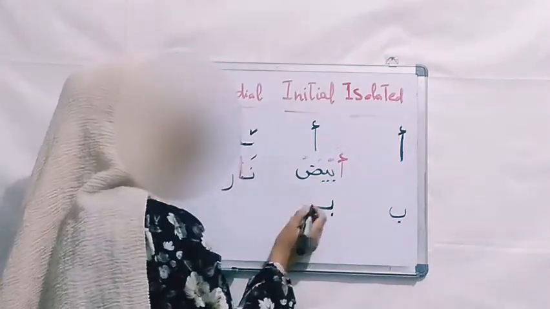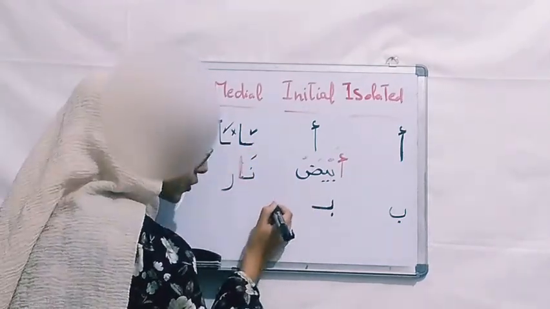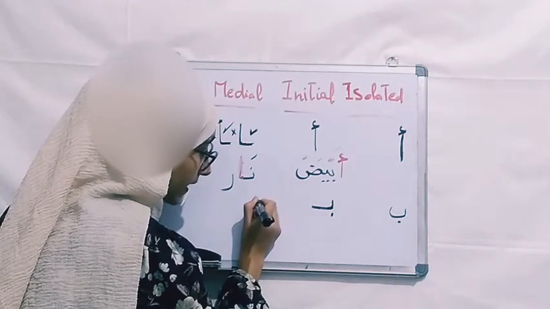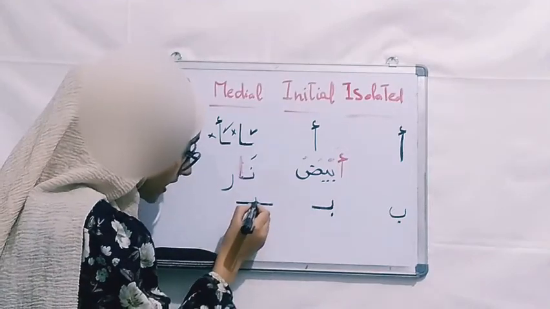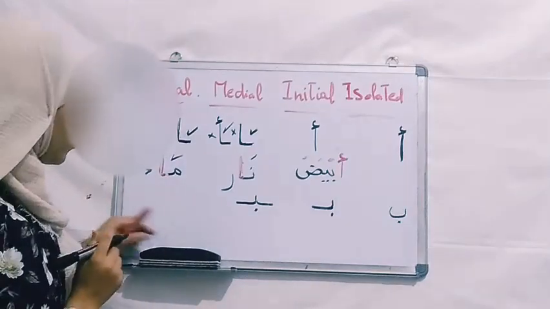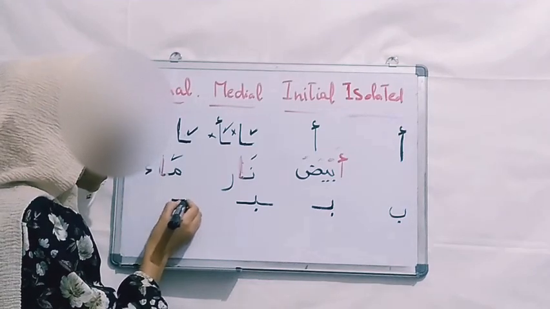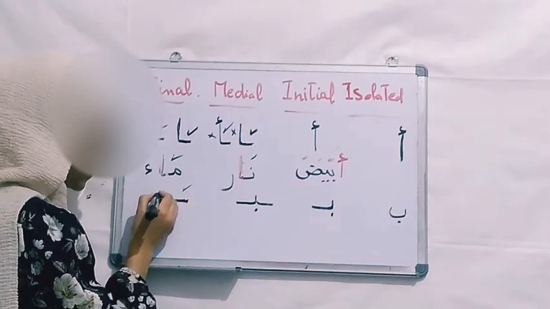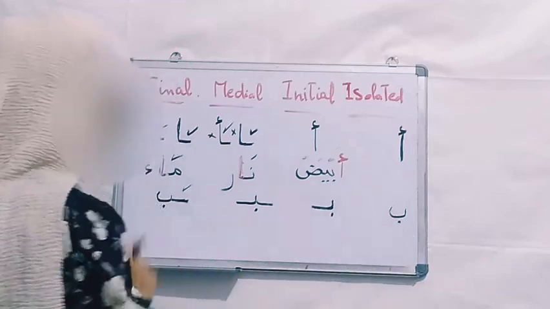In the middle form, you keep the line, then you write ba, you keep this straight and you put the dot right underneath. In the final form, you keep the connecting line because it needs to be connected before, and you write ba as in isolated form. You curve it, as in isolated form.